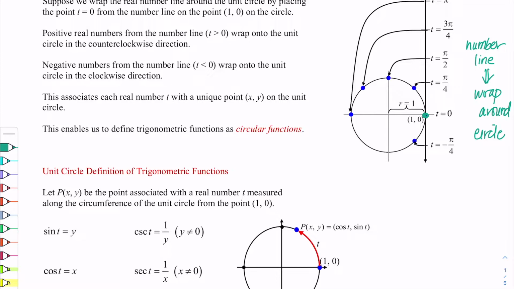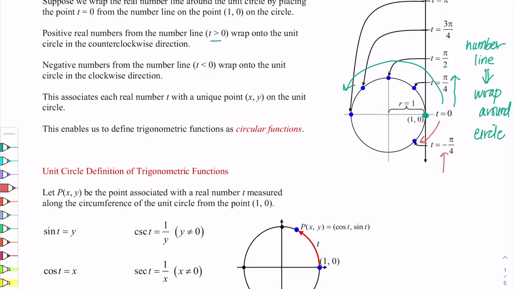First, note that positive real numbers from the number line, t greater than 0, wrap onto the unit circle counterclockwise. So as you can see, our t values are positive going this way, which means they will go this way around, okay? And negative numbers, note this negative value, these will go clockwise around the unit circle.